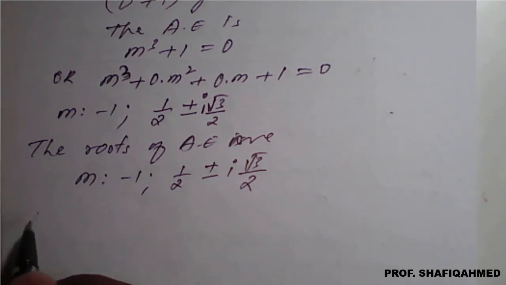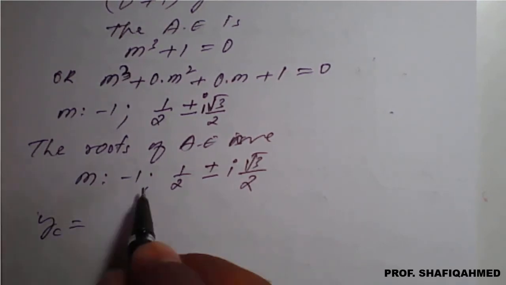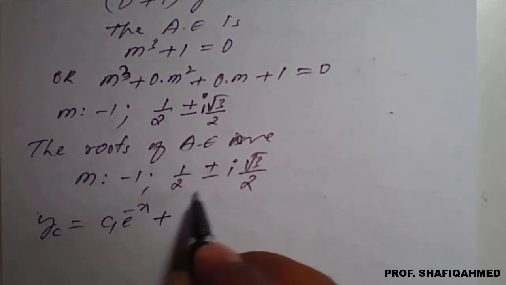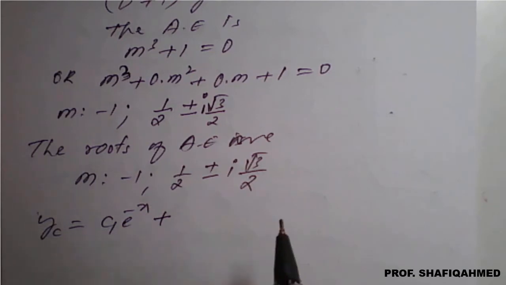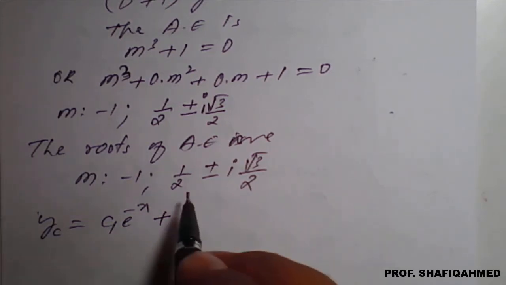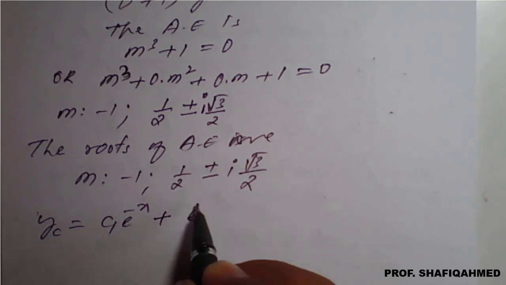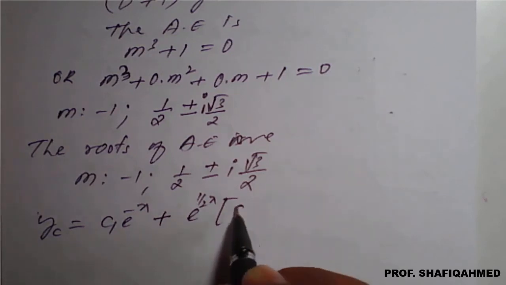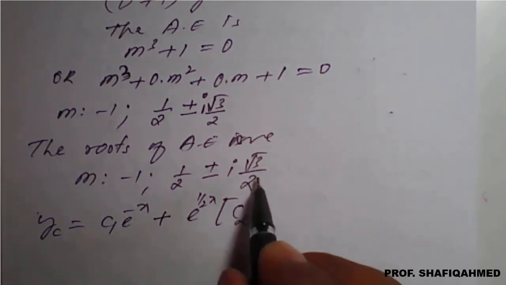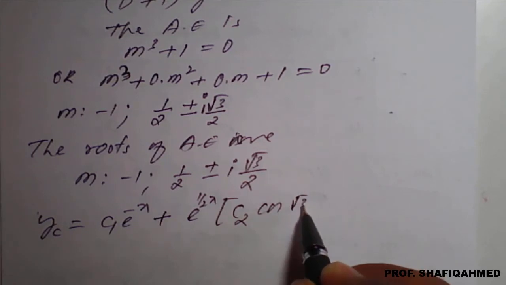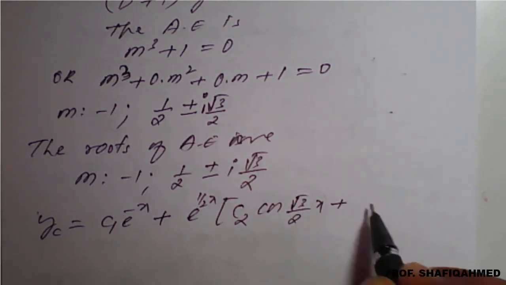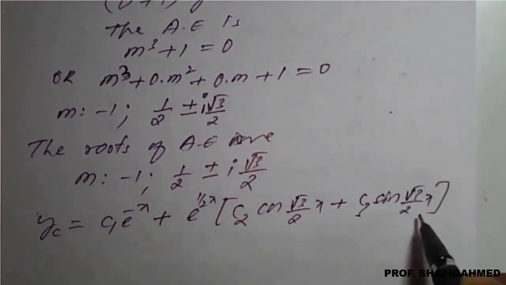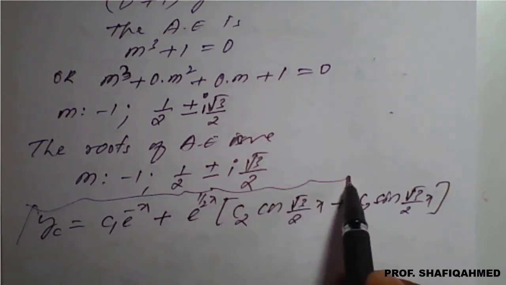So therefore the complementary function is yc equal to c1 e raised to minus x, plus for the complex roots we use e raised to the real part, that is e raised to x by 2, times the bracket of c2 cos of root 3 by 2 times x plus c3 sine of root 3 by 2 times x. So this is the complementary function.